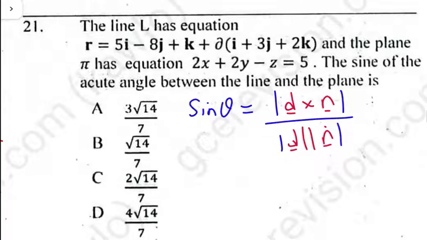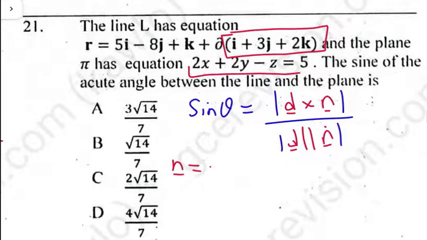Okay, so if you do your calculations, this is what you obtain. Note that this is the direction vector for this line, and for the plane, the normal to the plane n is equal to 2i plus 2j minus k.